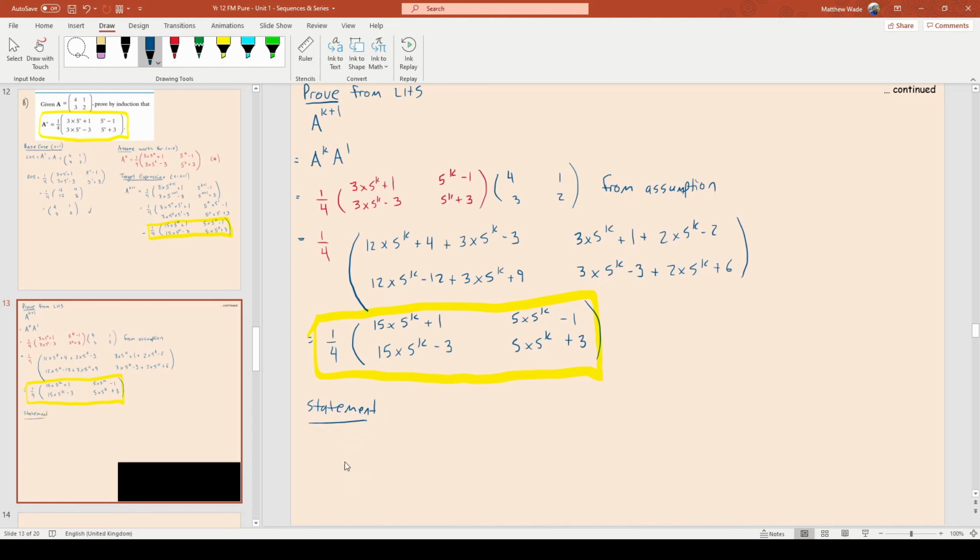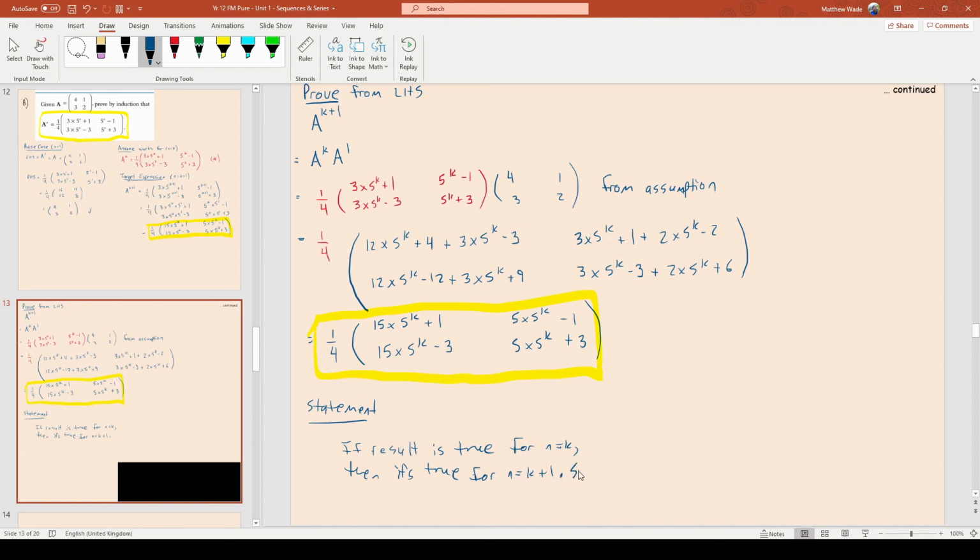It's always the same. If the result is true for n equals k, then it's true for n equals k plus 1. You get that we just proved that, right? So if the assumption we assumed was true, the next step is also true.